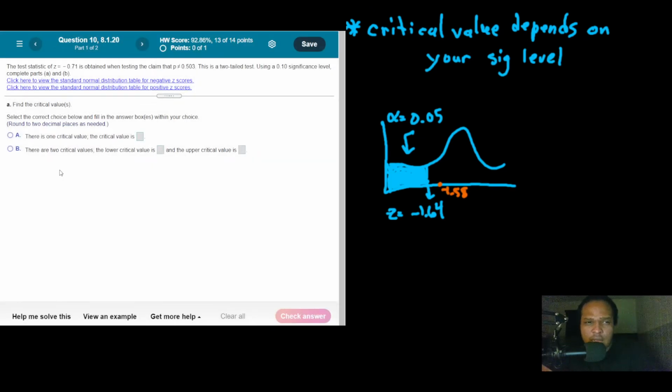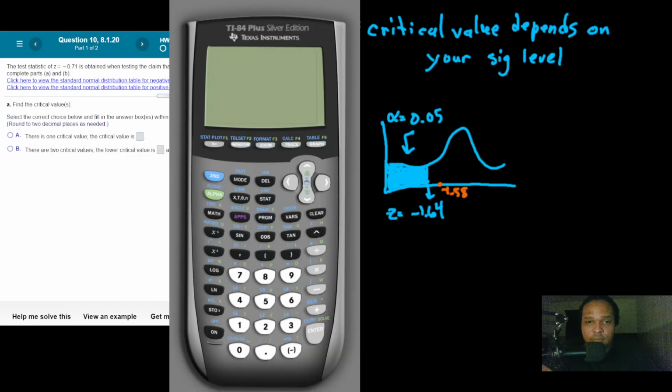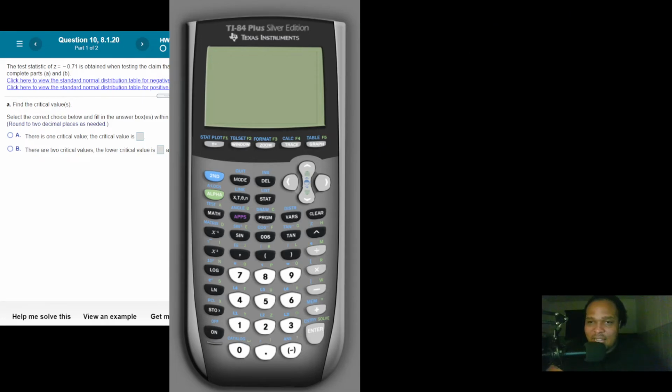All right, next. Find the critical value. The critical value depends on your significance level. Let's do that very quickly, and remember, you can always rewind. This is a two-tailed test, so depending on our significance level, let me make a histogram so you can get in the right mindset.